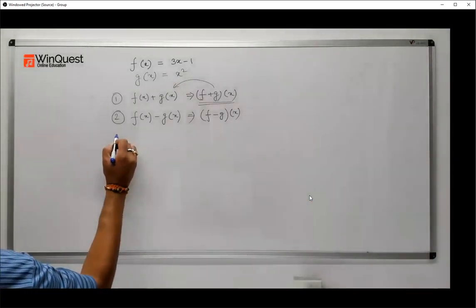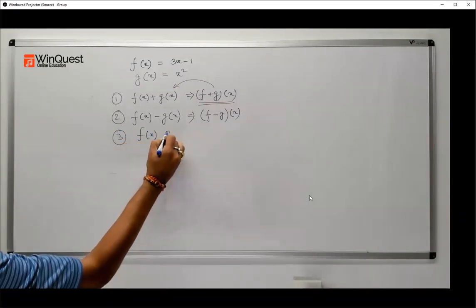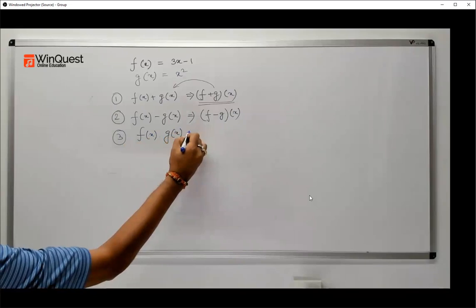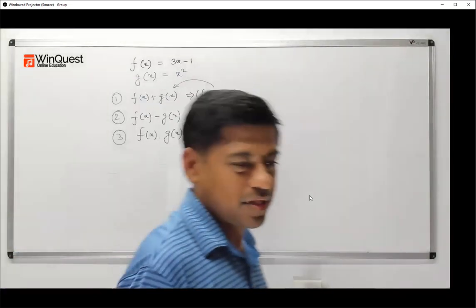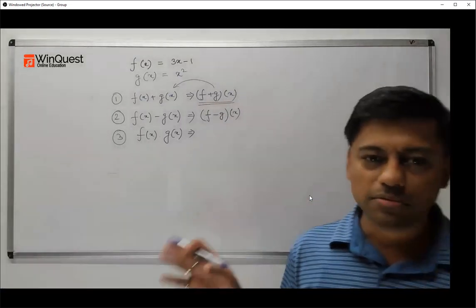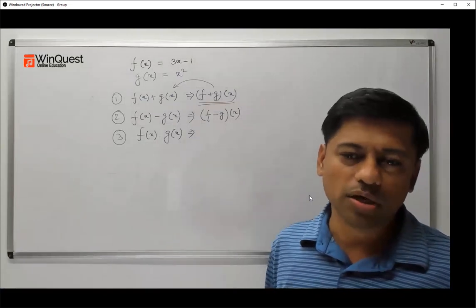Number 3, f(x) multiplied by g(x). Now this has no representation. This typically just happens like f(x) g(x) only.